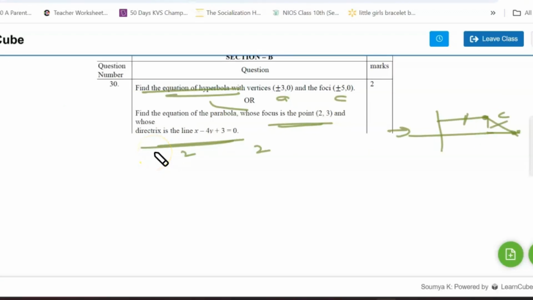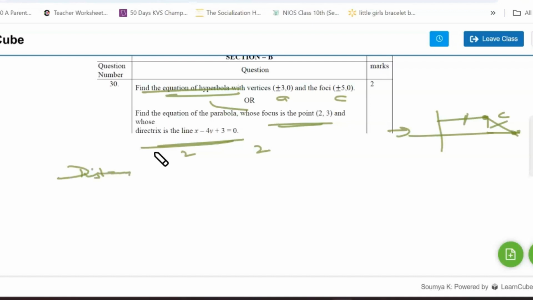So the property that this question uses is that the distance from any point on the parabola to the focus should be equal to the distance of that particular point on the parabola to the directrix. Okay, directrix is given by x equal to k.